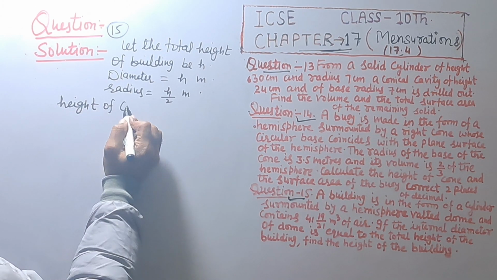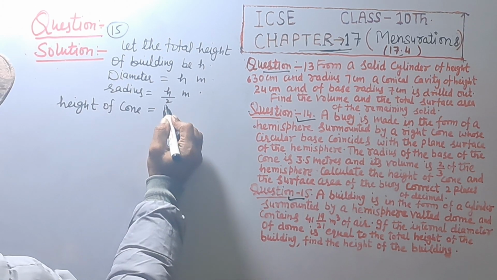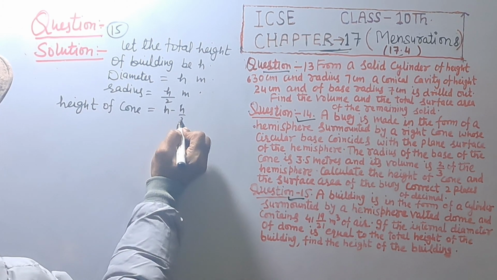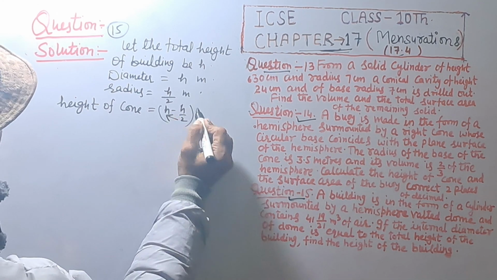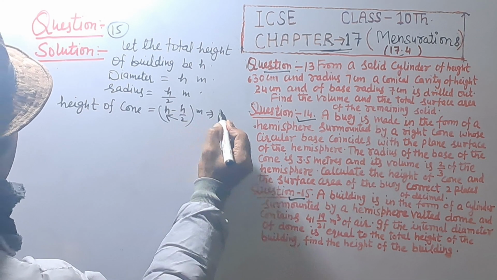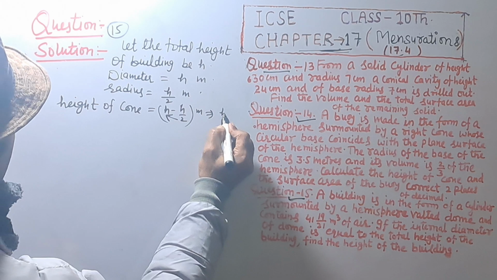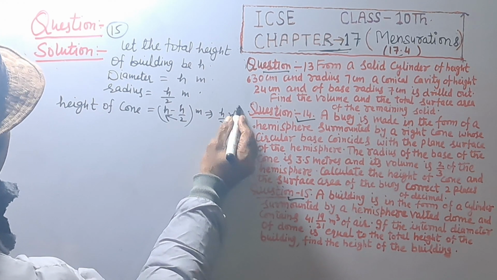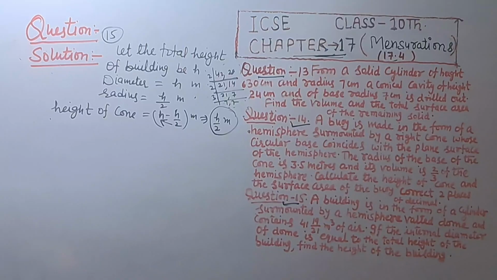Height of cylinder is equal to h minus h upon 2 meter, which implies 2h minus h, that is also h upon 2 meter, the height of the cylinder.